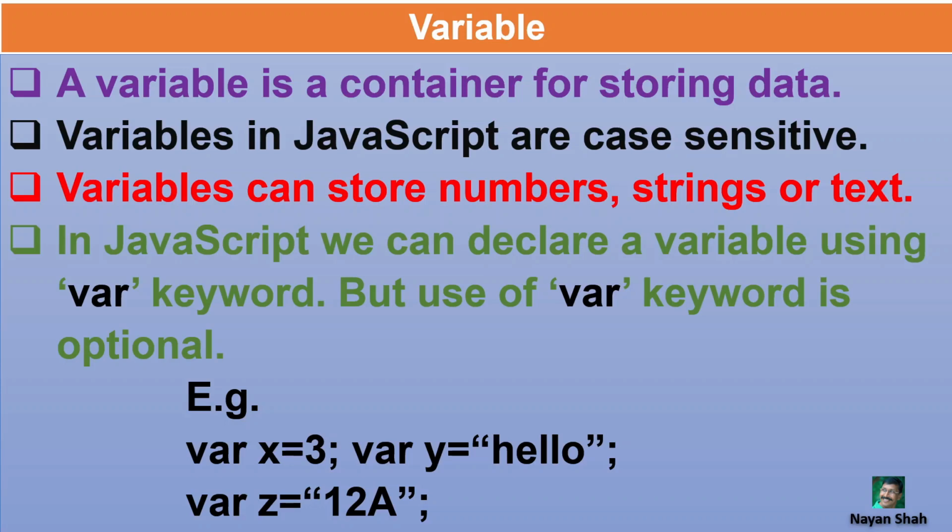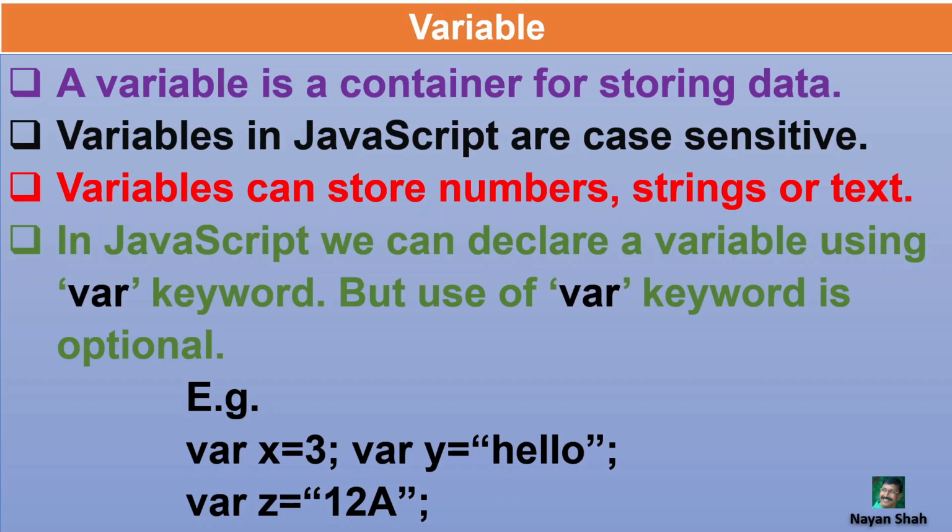Variables in JavaScript are case sensitive, remember. So if you create a variable with small a and if you create another variable name with capital A, then both are different. So variable names are also case sensitive. Variables can store numbers, and it can store strings or simple text. So a variable can hold any of these kinds of values.